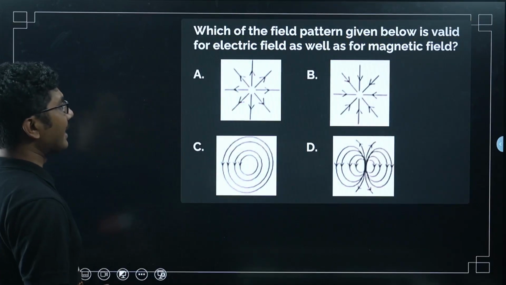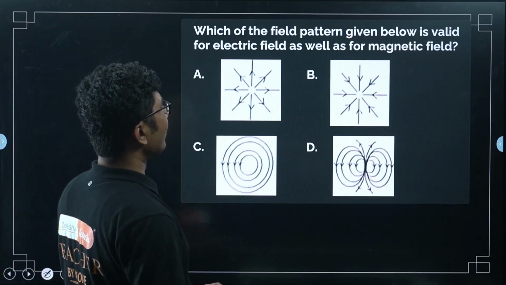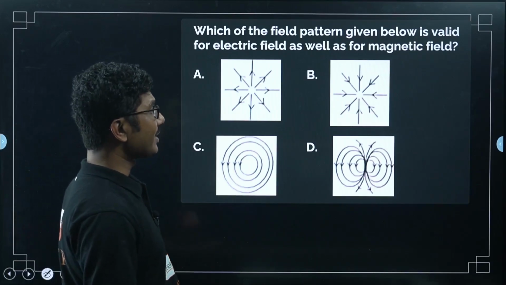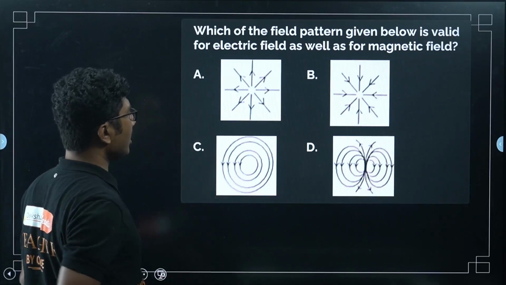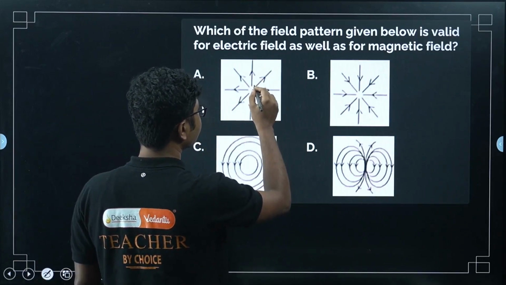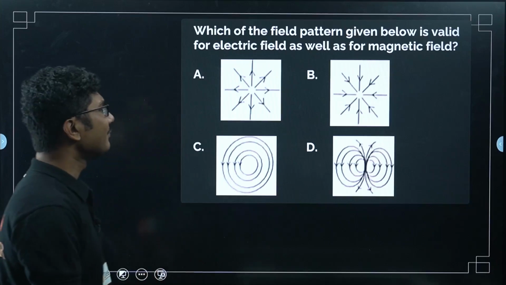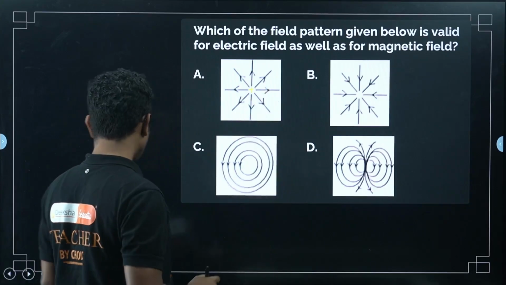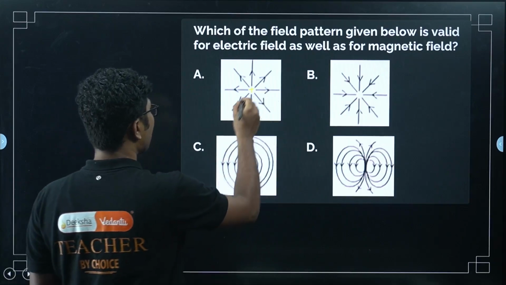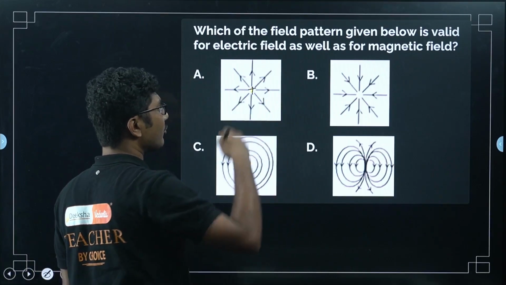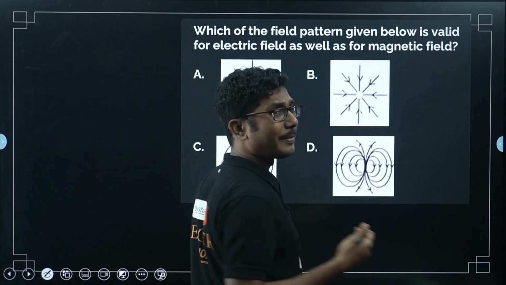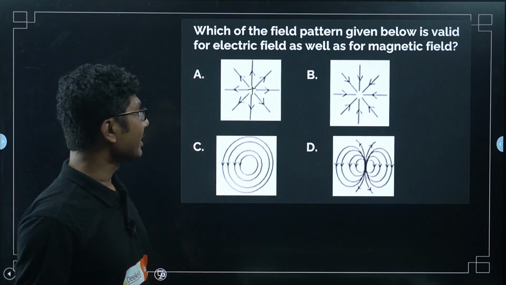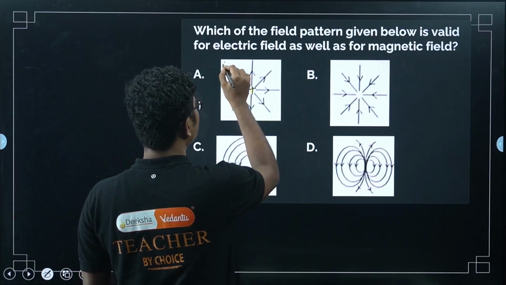Which of the field patterns given below is valid for electric field as well as magnetic field? Now if you see, this is valid for electric field, because if you consider this is a positive charge, then obviously the lines go out. But a single magnetic north pole does not exist, so this is incorrect for magnetic field.